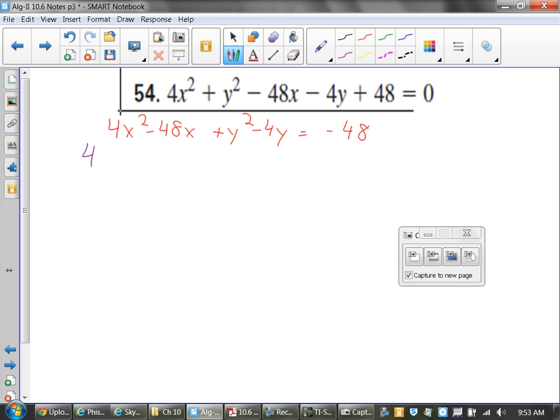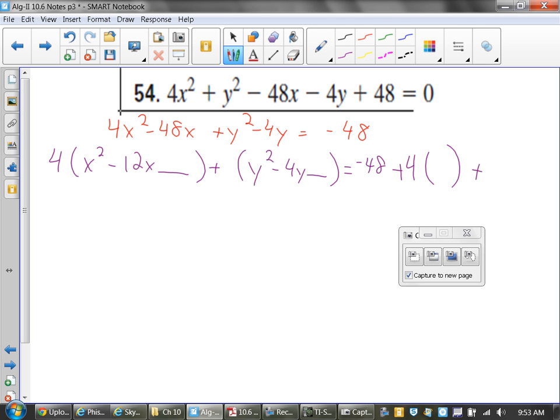Factor out the a value, you have 4 times x squared minus 12x. Remember, I have to add in the 4 times something. I didn't have to factor anything out of the y's, so you don't have to worry about it.